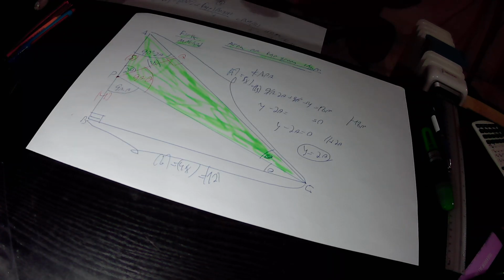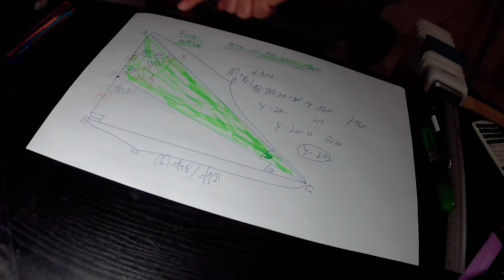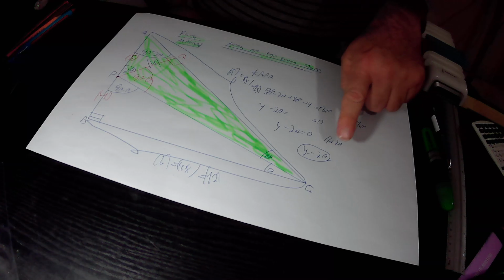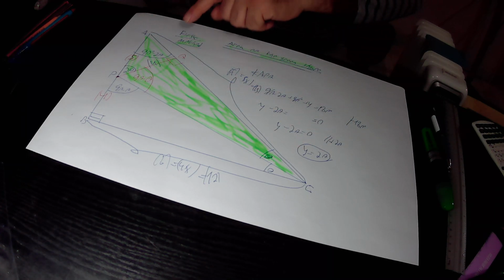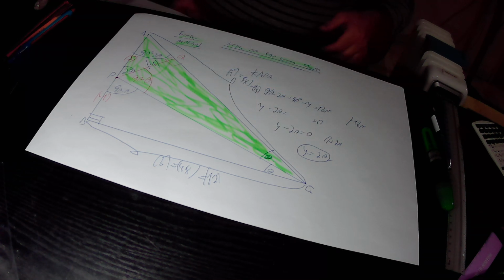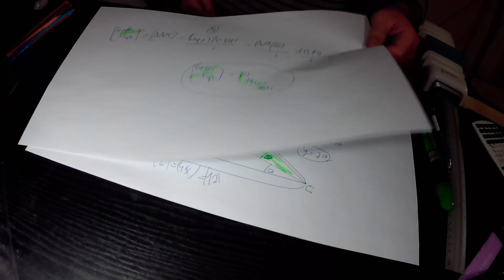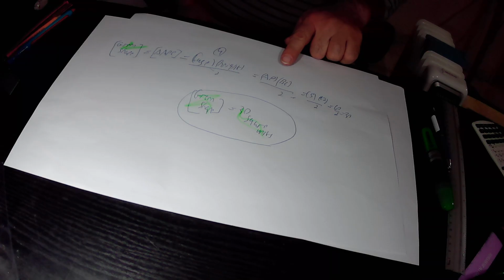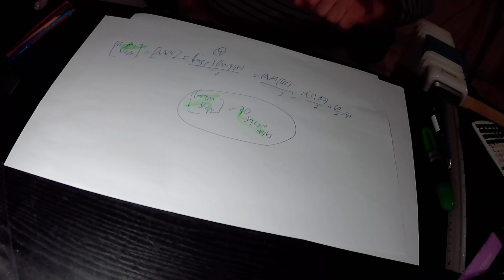We choose the base of this green triangle to be AP. Therefore, the height to the base must be at 90 degrees to the extended base AP. The extended base AP is AB. BC is definitely at 90 degrees to AB because this is a right angle. So the height to the base is BC.